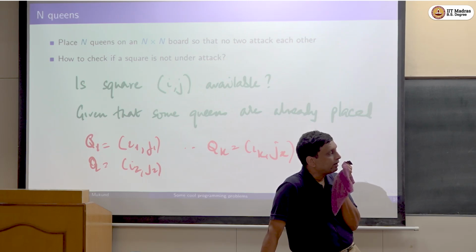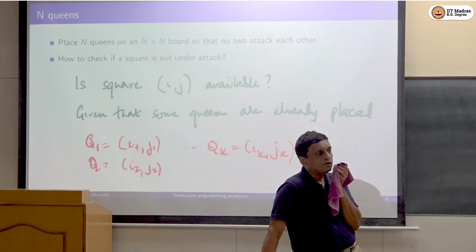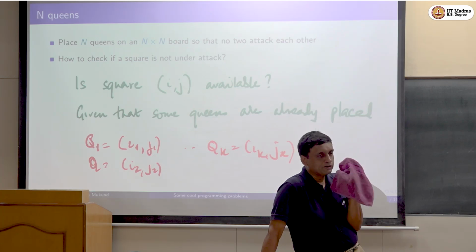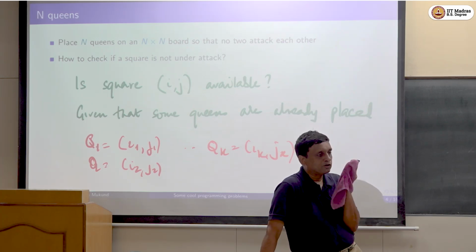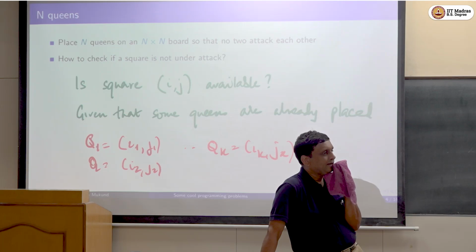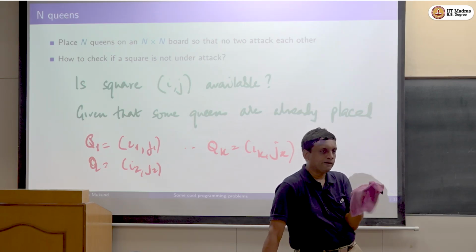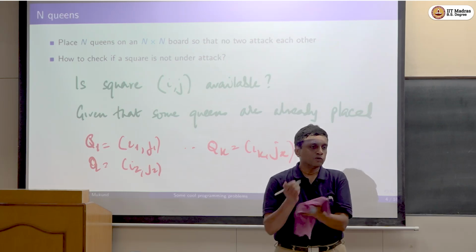I am not assuming that these queens have been placed row by row, although you could assume that. Okay, so first of all, it's n by n. Right? So I'm trying to put on row 99 and maybe there are 200 rows and 200 columns, and there are some queens which are in rows beyond 150.